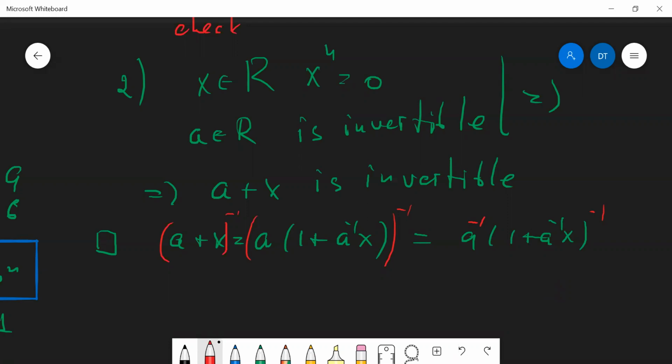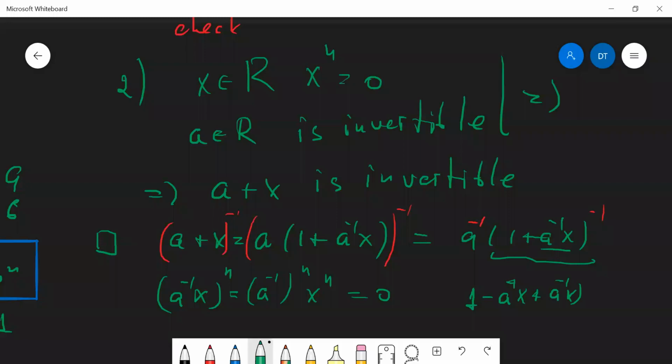Well, if x is nilpotent, then a inverse x is also nilpotent, because of the commutativity, when we take the power we get 0. So this is also a nilpotent element. And then its inverse is 1 minus a inverse x plus a inverse x squared, etc., by the previous formula.